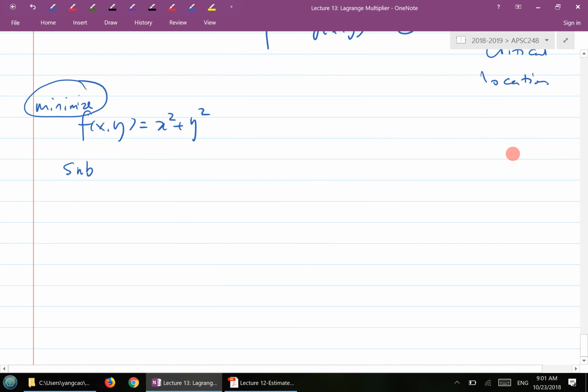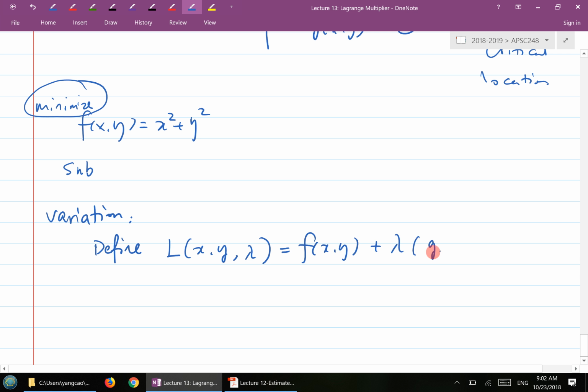Before I take a look at an example, I really wanted to show another one, a little bit of a variation of this Lagrange multiplier. The variation is we're going to define a new function. Let's call it L. So L equals f of xy plus lambda times g of xy minus c.